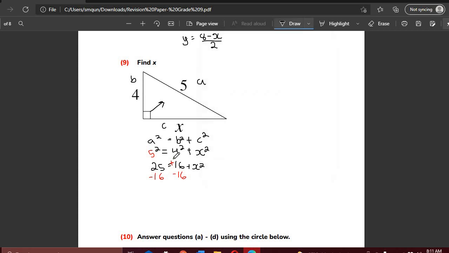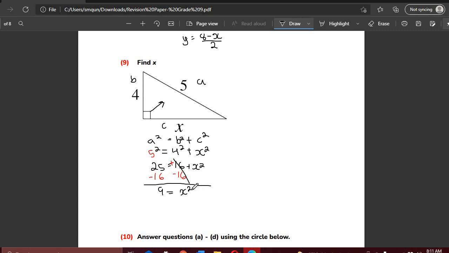Once you've done that, you can cross out that constant and write what you have left. So 25 minus 16, instead of writing that again, I'm just going to find the answer right away. That is going to give us 9, and we have x squared on this side.